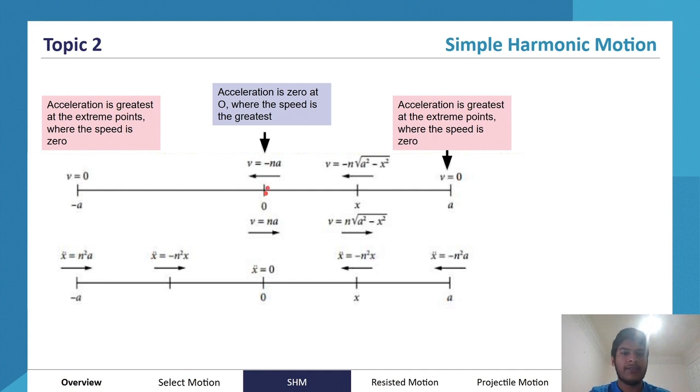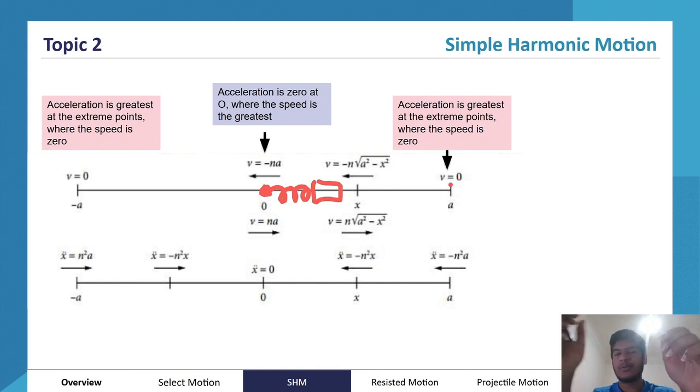So if this is a block on a spring or something, at the very center, the acceleration is 0, and the acceleration is greatest at the extreme points, where the speed is 0. So here and here, the acceleration is the greatest, but the velocity is 0.